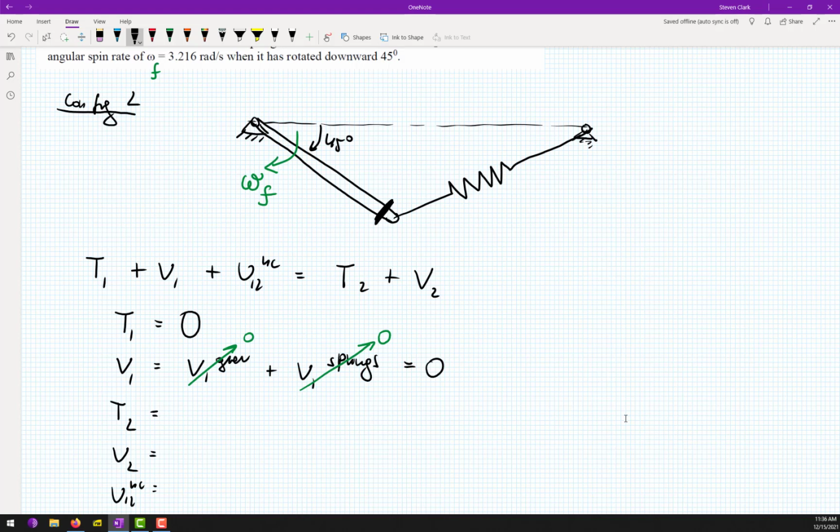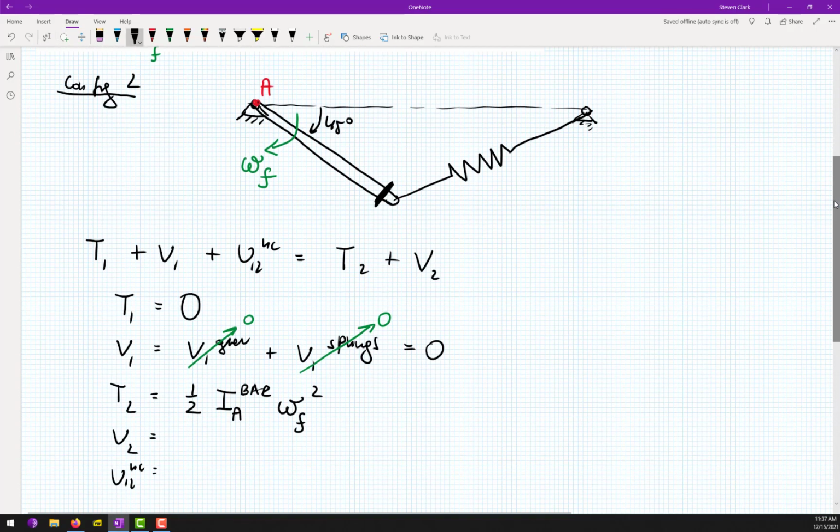Let's do 60% then. What is T2? We have some velocity at the end, yes? And this is a pin. So I would write here 1/2 I_A bar omega final squared, right?